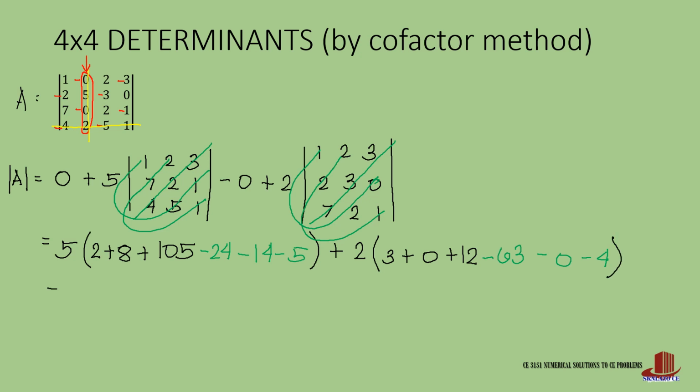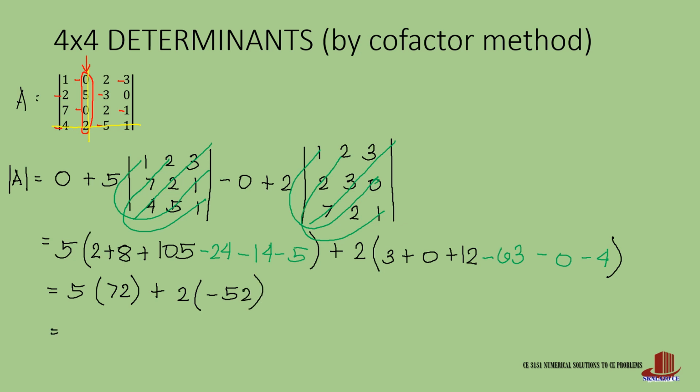So simplifying, we would have 5 multiplied by 2 plus 8 plus 105 less 24 minus 14 and minus 5, giving us 72. This would be added with 2 times 3 plus 12 minus 63 minus 4, giving us minus 52.